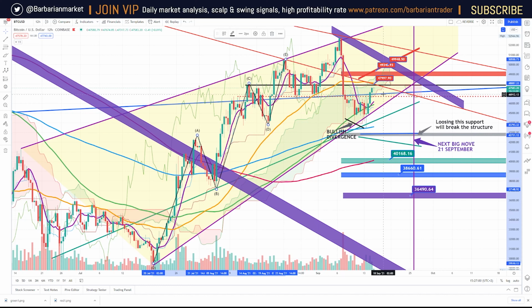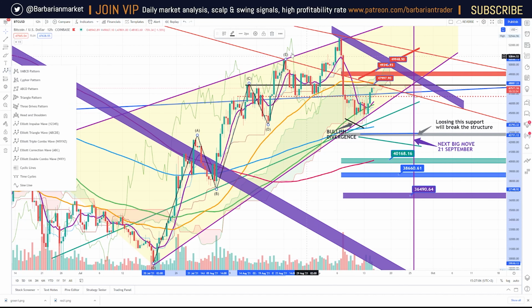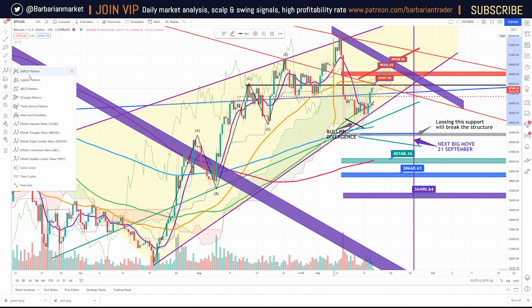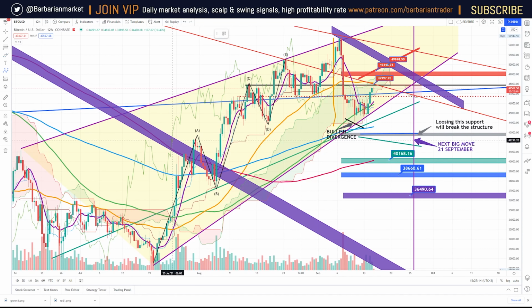Okay, so now I think we are in a correction mode. So we made the first leg down, and even if we'll continue this bullish trend, we have to do at least an A, B, and possible C here, or even lower.